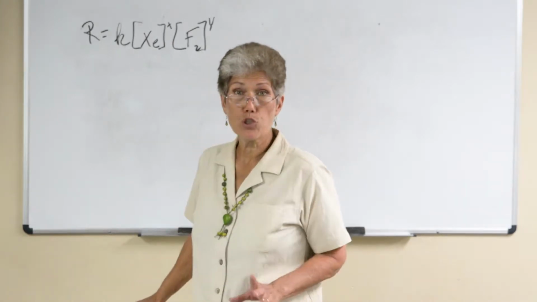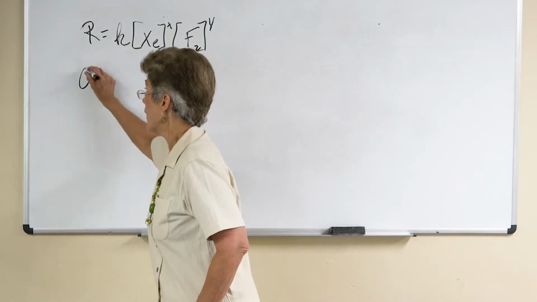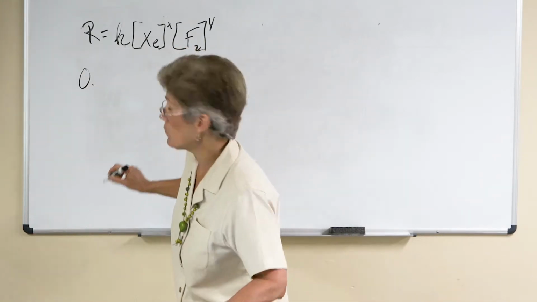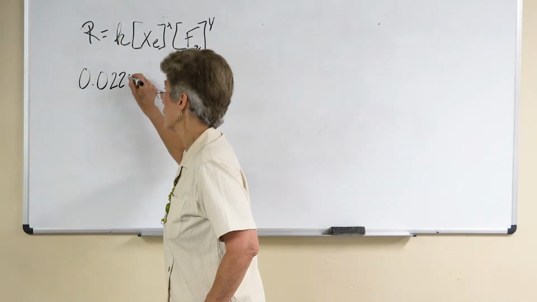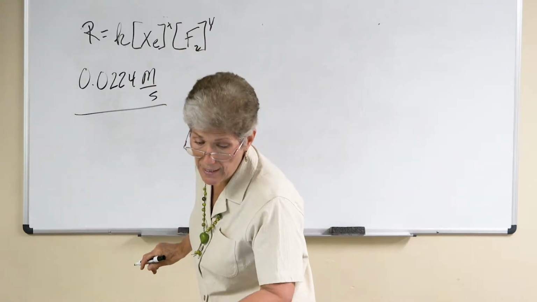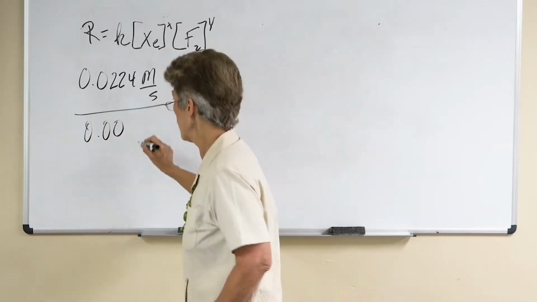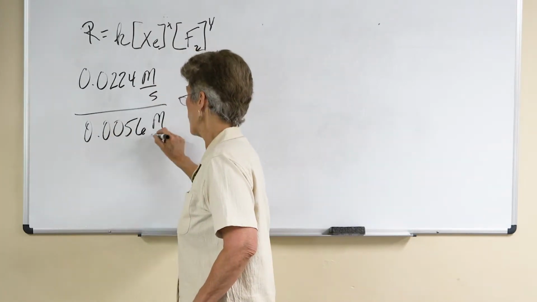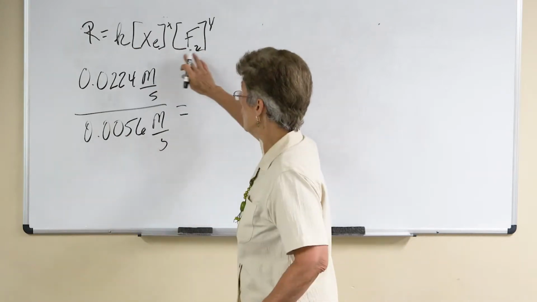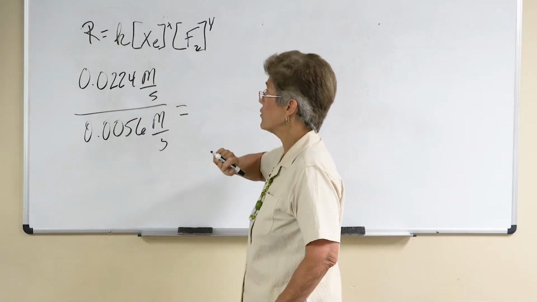F2 is constant in the first 2 trials. So I'm going to use trial 2 and the rate in trial 2, the instantaneous rate, divided by the instantaneous rate of trial 1. And we know the K's will cancel, because we've held it constant.